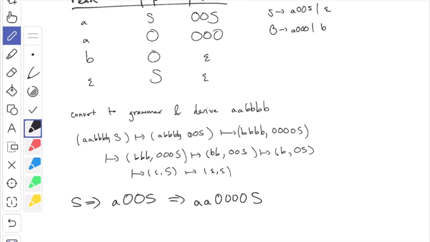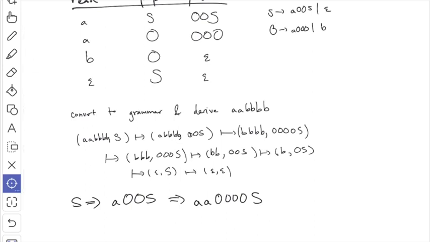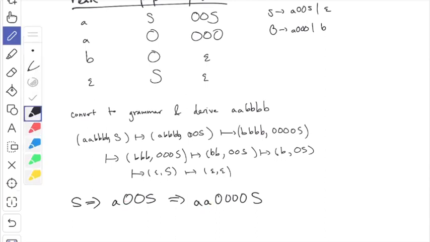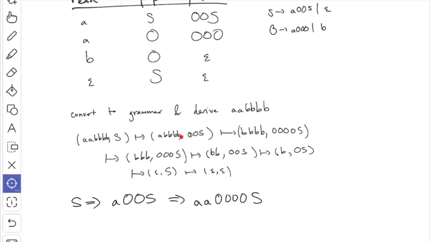Which rule is that? I guess we did this rule. 0 goes to A000, right, on the first 0. Great. And so that corresponds to this read 0, read A, pop 0, push 0, 0, 0. That was the second rule.